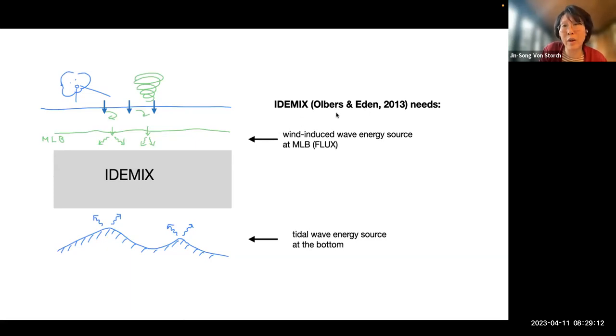There's actually a parameterization developed by Olbers and Eden, the so-called EDMix. This is a parameterization that involves the wave propagation, dissipation, and all those processes, but it needs wave energy input at the bottom and at the top. So if we want to have that in the model, and this is what we're trying to do now, we need to have the right input wave source at the top.